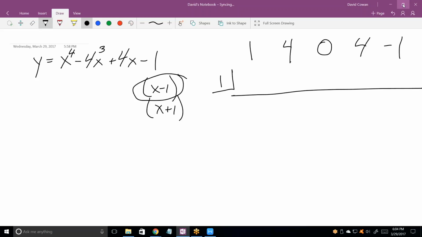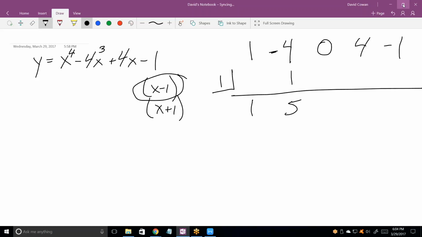Go ahead and do this. Tell me what to write. So drop the 1, and then multiply 1 by 1, and you get... or it shouldn't be a negative 4. Yes, thank you. We would have been all screwed up.